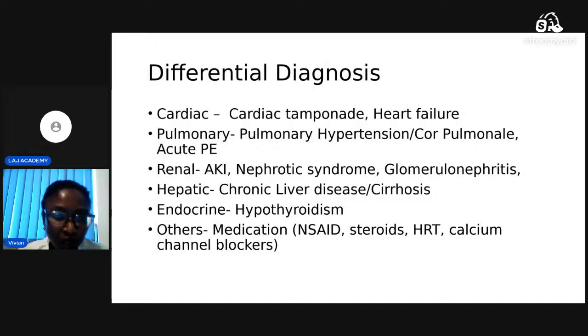It could also be of liver origin, or endocrine, hypothyroidism, because of the weight gain. This kind of fluid overload presentation can also be due to some medications like NSAIDs or steroids.